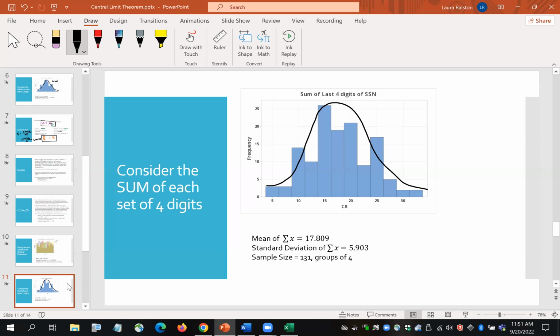The mean was 17.809, which looks a little wonky, but I'll show it to you in just a minute. The standard deviation is 5.903. And we had 131 groups of 4.